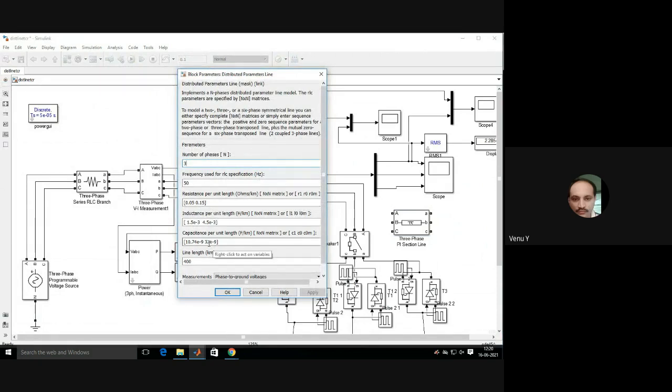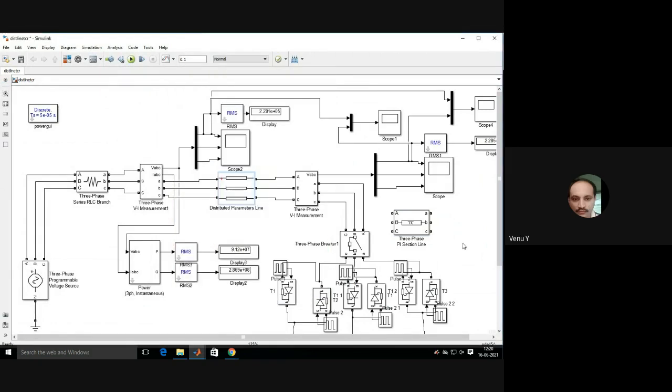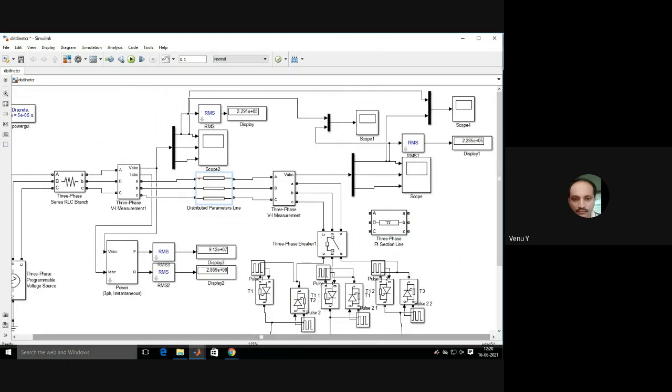It was already taken, so all the values are the same. Now let me simulate this.